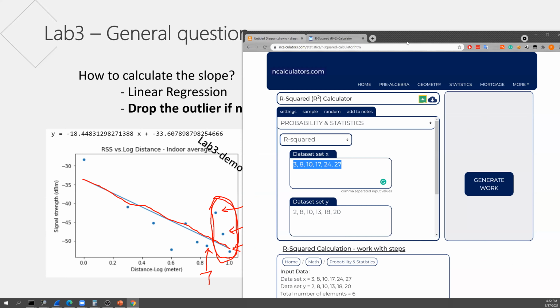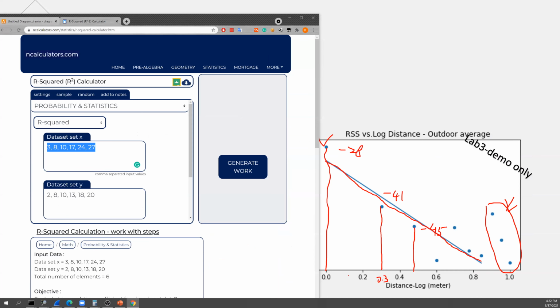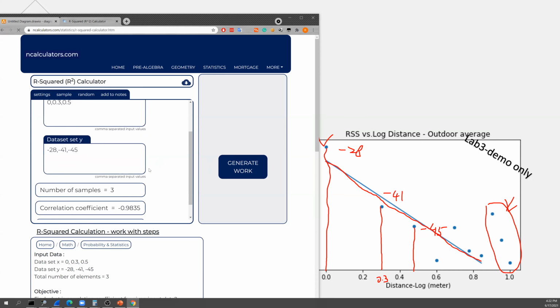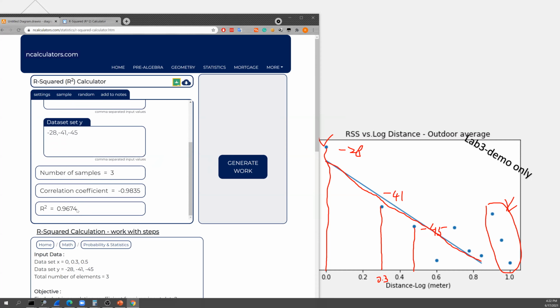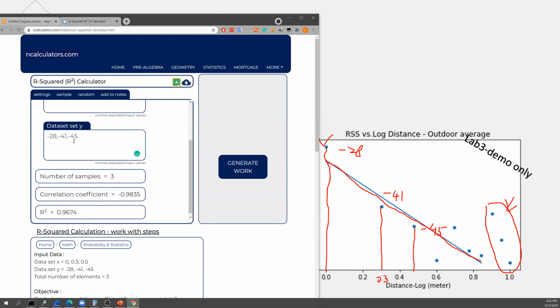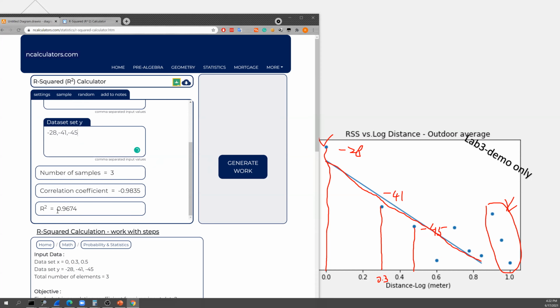So I just put the X values here: 0, 0.3, 0.5, and the Y values: minus 28, minus 41, and minus 45. Then you can click the button and calculate the R square value for these 3. But all you need to do is put all the scatter points into the box and calculate them all. Easy, isn't it?